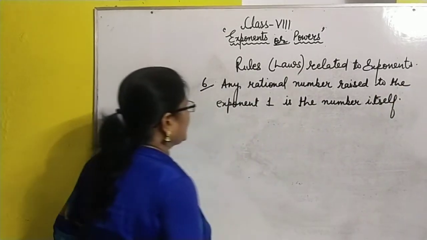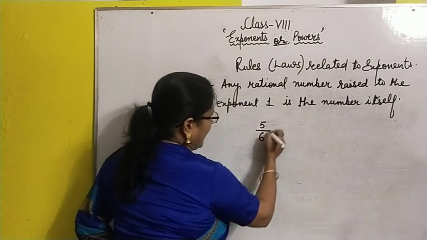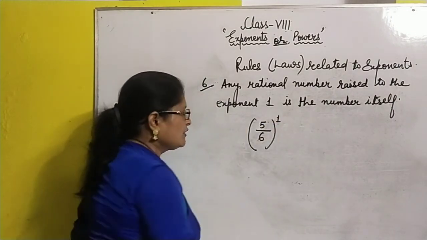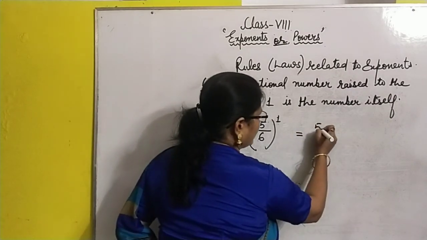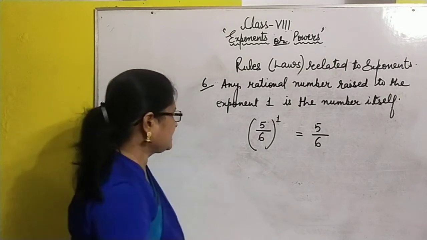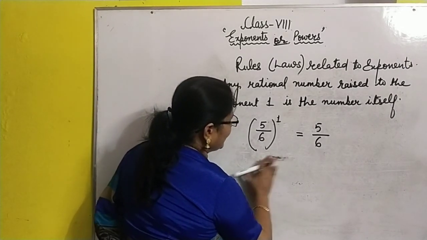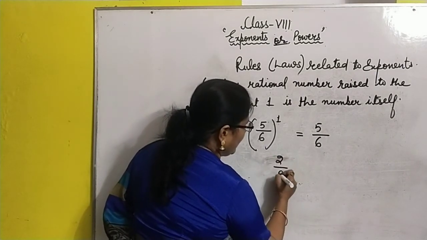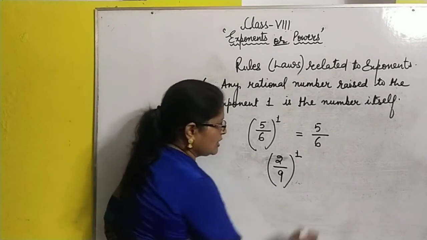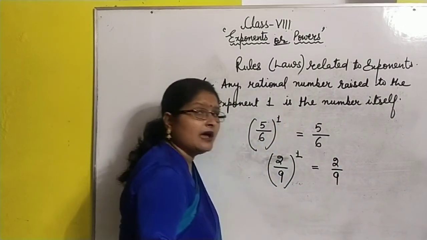It means if you take one rational number, suppose I am taking 5 by 6, and I am taking 1 as the exponent of this 5 by 6, the answer will be the rational number itself. Okay, I am taking another number, suppose 2 by 9, and I am taking the exponent of 2 by 9 as 1, so what will be the answer? The number itself will be the answer.